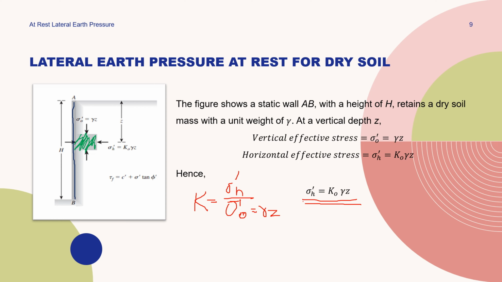So the equation is sigma prime h equals K O gamma z, which is the formula for lateral earth pressure for dry soil in an at rest state.